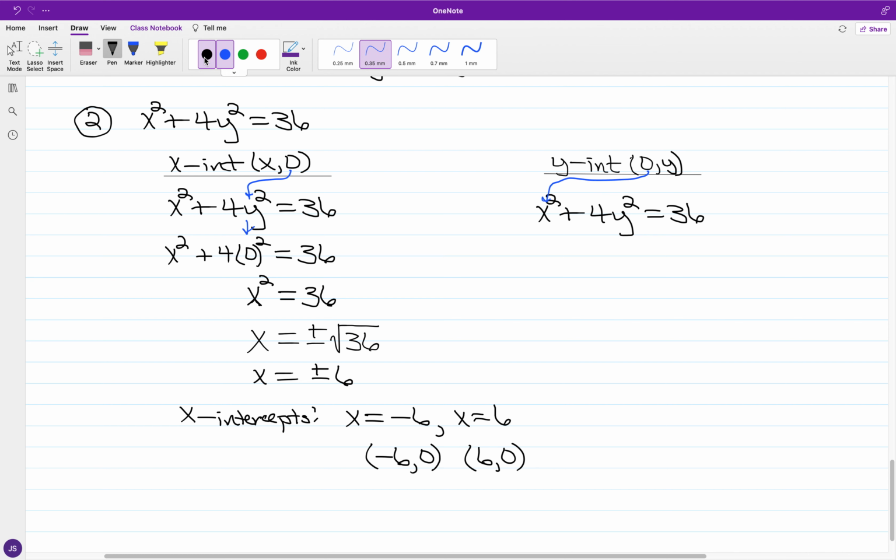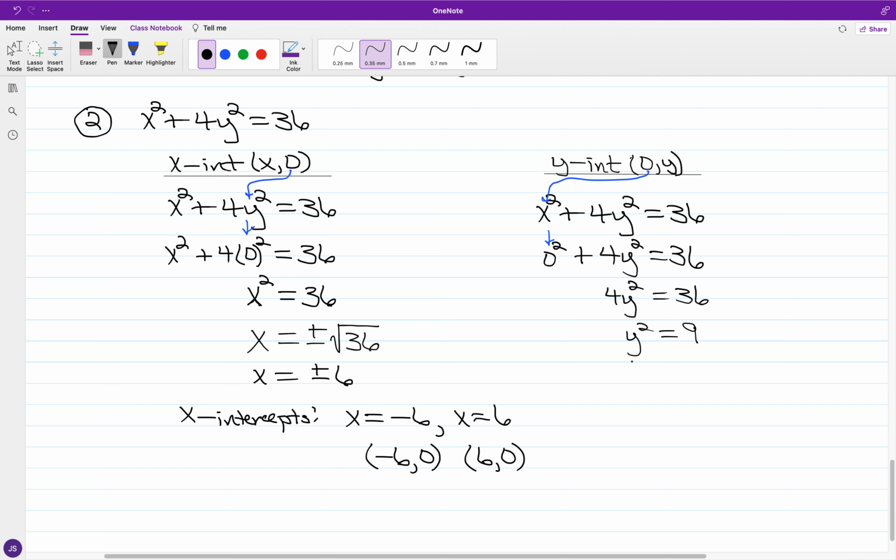So x is going to be negligible. Again, 0 squared is 0. And so the left-hand side is ultimately going to become 4y squared. So I have 4y squared is equal to 36. And if I divide by 4, we have that y squared is equal to 9.